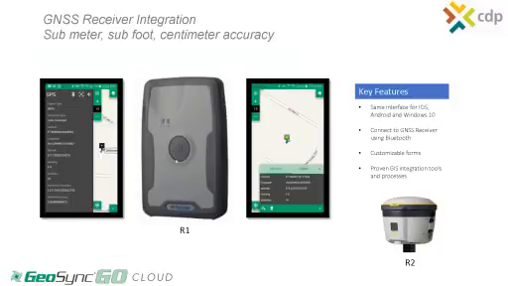Also, because these devices, the R1 and R2, don't come with a user interface, the cost is lower, so you get a little more value for your money in terms of getting a Bluetooth device that could be paired with any other phone or tablet and be used in the field for both data collection and also for navigation. That's another item that we'll be looking at.